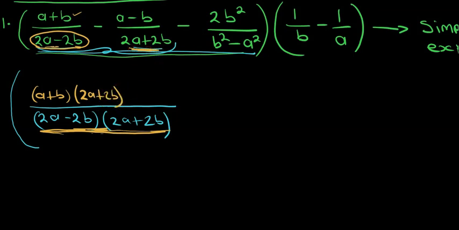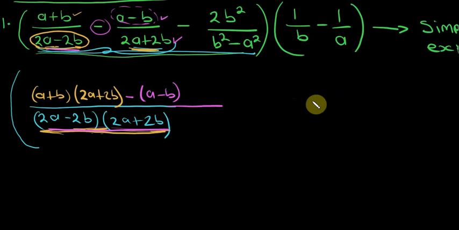Then the next term, and the same story goes for this one. We carry the sign as it is, minus, then we write the numerator for the next term as it is, a minus b, and then we multiply it by how many times this denominator goes into our lowest common multiple, which of course is 2a minus 2b.